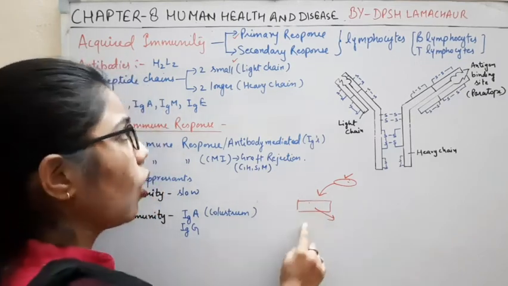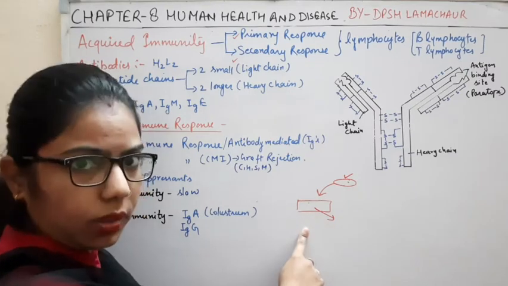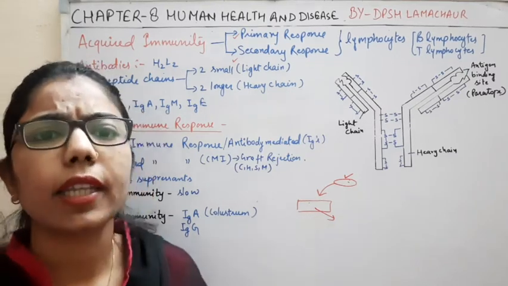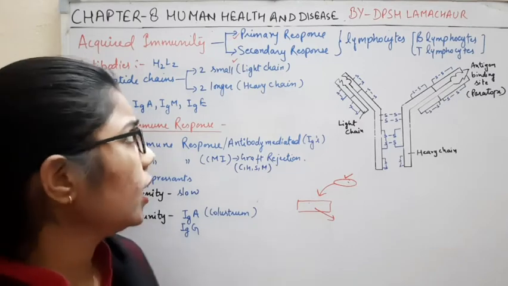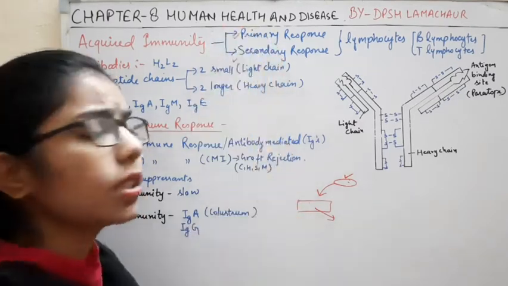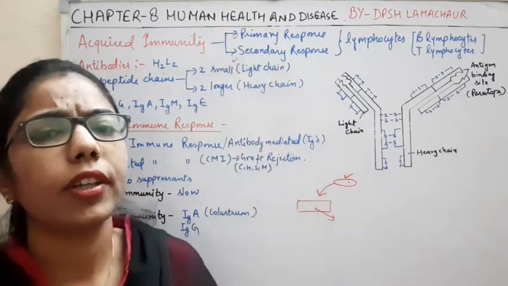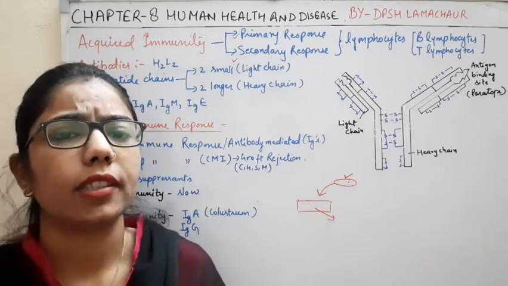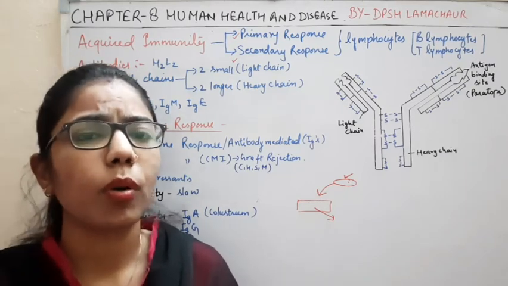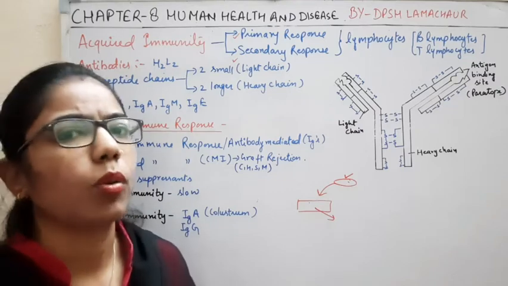So what will you call it? It is showing the response. This response can be of two types: the primary response and the secondary response. Now the question arises, what is the primary response and what is the secondary response?